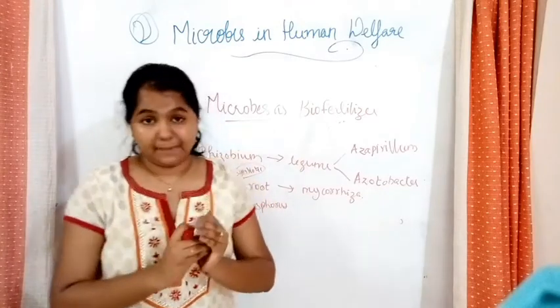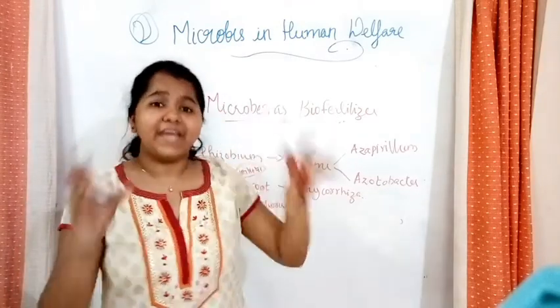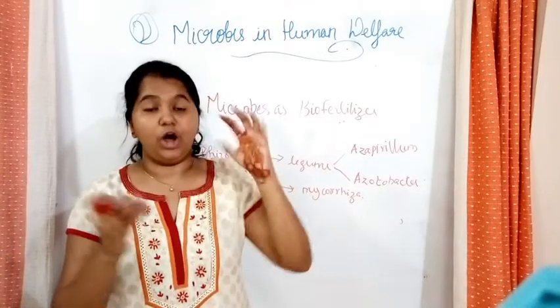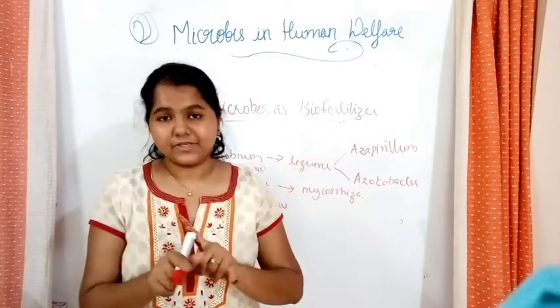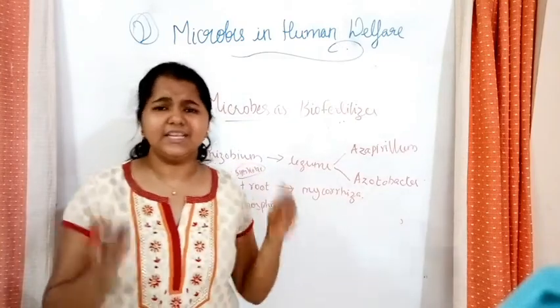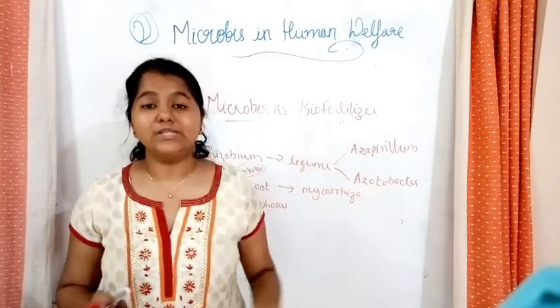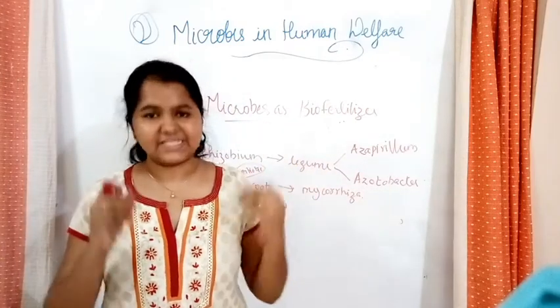There are various microbes which act as biofertilizers. The first one we have to learn is Rhizobium. We have learned in our lower classes that they are there in the roots of legumes, and they fix nitrogen.